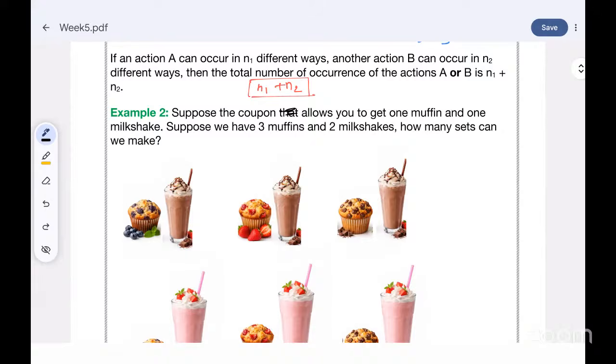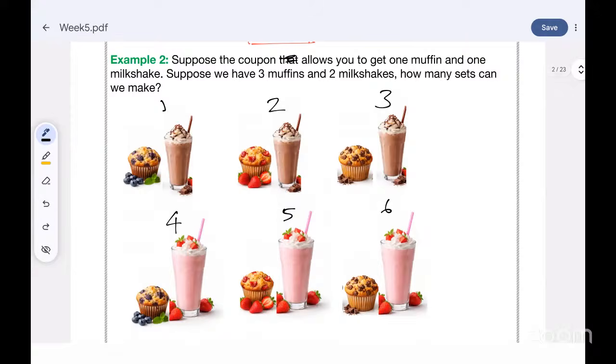Because you are allowed to take 1 muffin and 1 milkshake. So how many combinations, how many sets can we make out of this? You see that over here, this is 1 set, this is 2, 3, 4, 5, and 6. So you have 6 sets.